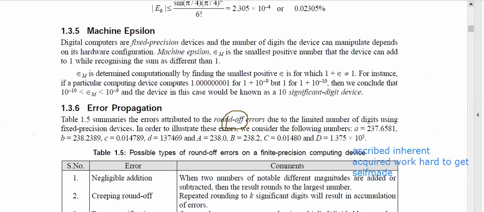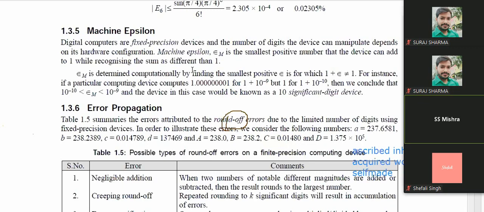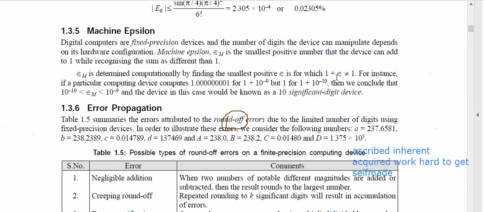So epsilon m is determined computationally by finding the smallest positive epsilon for which 1 plus epsilon is not equal to 1. That is a very beautiful concept they have given. If you want to know the quantity which is more than 1, then epsilon is the quantity here, and that is known as the machine epsilon. That was the continuity epsilon, that was the limit epsilon, but here is the machine epsilon.